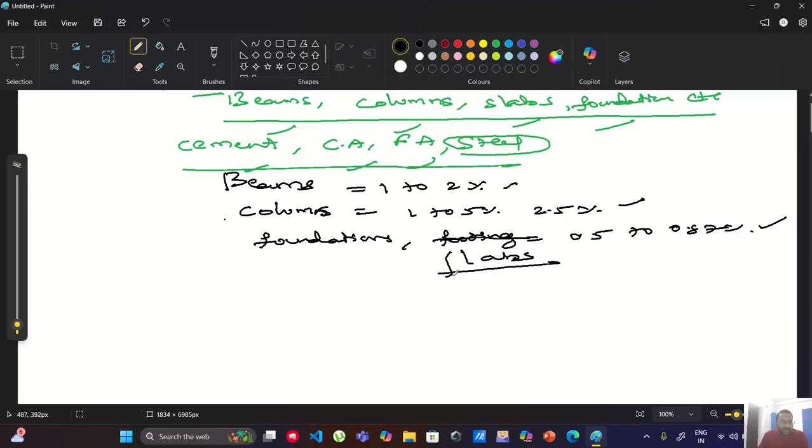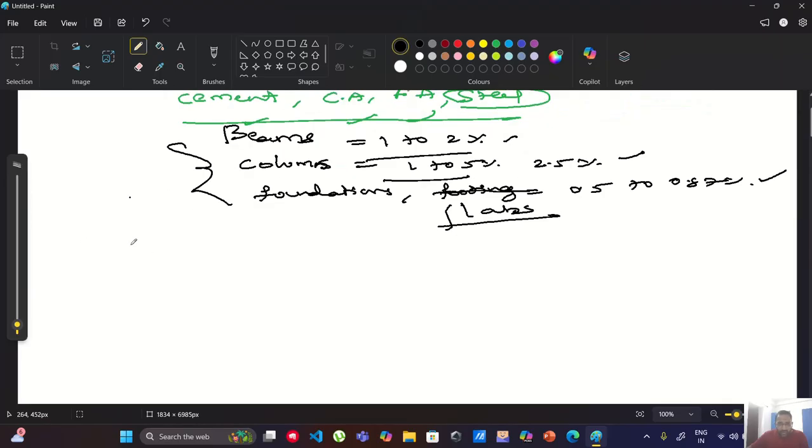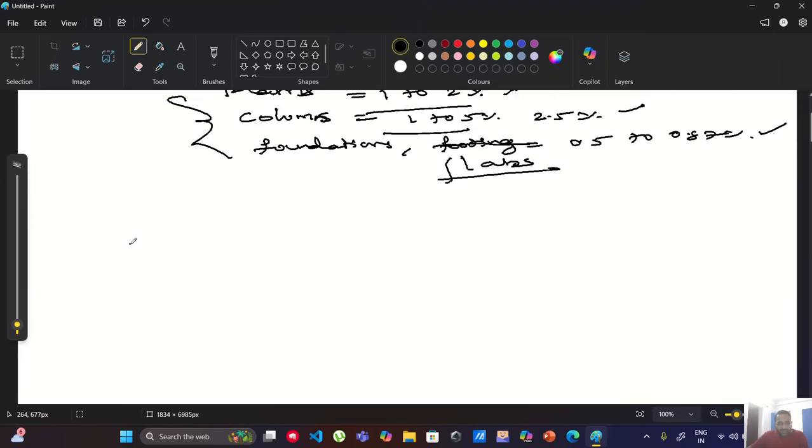There are some important points before calculating the rate analysis of RCC works. These are the standards already derived in the IS 456 standards. Now the standard quantity of steel: the density of steel is very important.